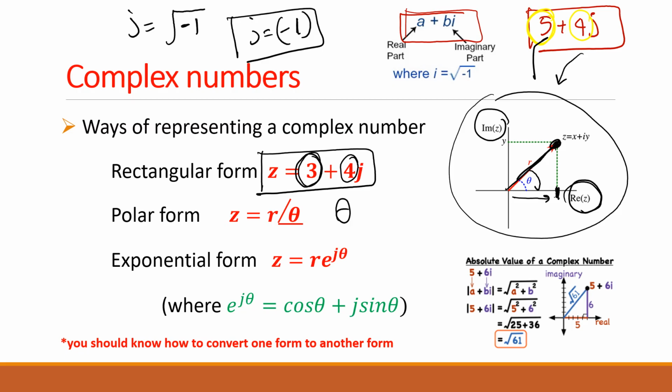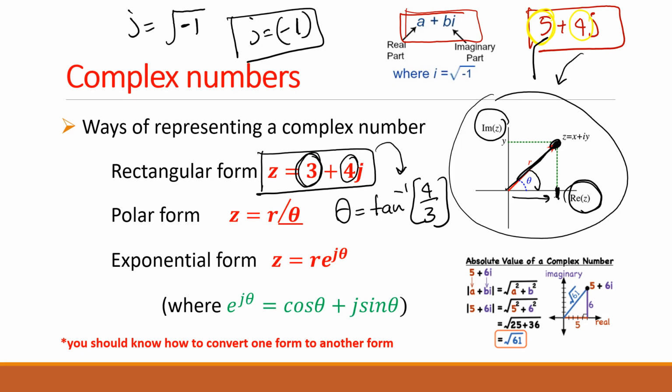This theta is equal to what? Tan inverse of opposite over adjacent. Tan is opposite over adjacent. So opposite is your imaginary part and the adjacent is your real part, so 4 over 3 in this example, isn't it?